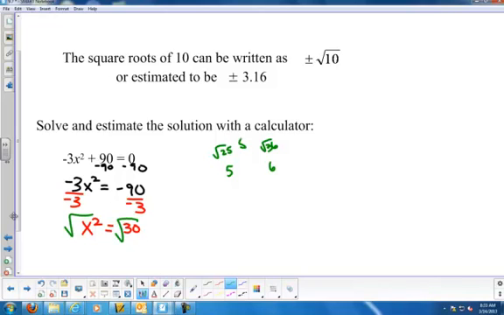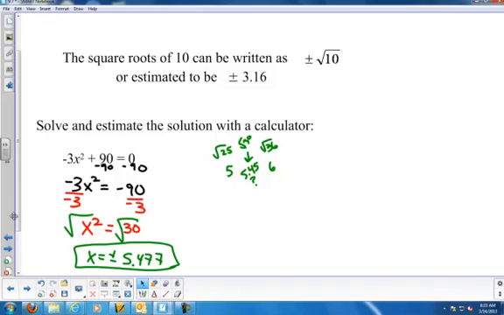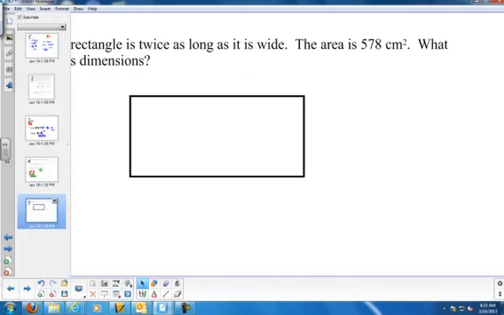So the square root of 30 is most likely going to be somewhere in between 5 and 6, probably like 5.45, I'm guessing. So as I'm typing in my calculator, 5.477. So x would equal plus or minus 5.477. 3 decimals is a good amount to go out to.